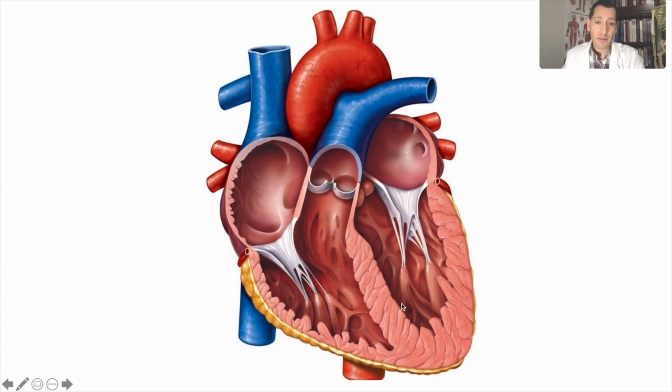That's why the myocardium of this ventricle is so much thicker than this wall here. It doesn't pump blood to the lungs, but it pumps blood all the way up to the head, to the toes, and back up. It's that one thing.